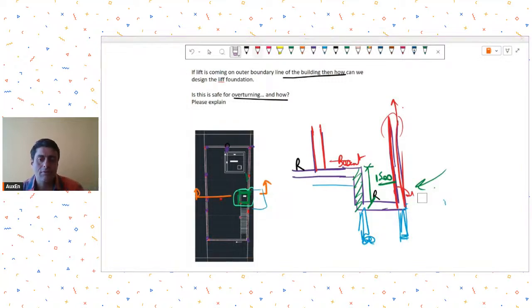If your soil strata is weak, clayey or sandy, you can have piles provided just below. Or if you have a harder strata, then you can think of providing some anchorage through reinforcement bars drilled inside the hard strata.